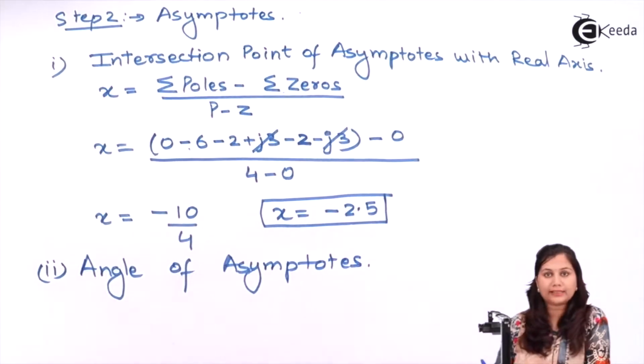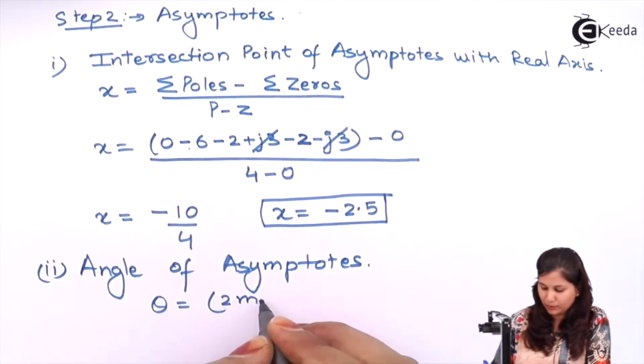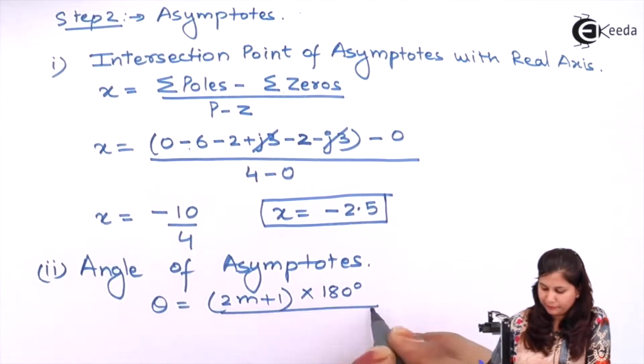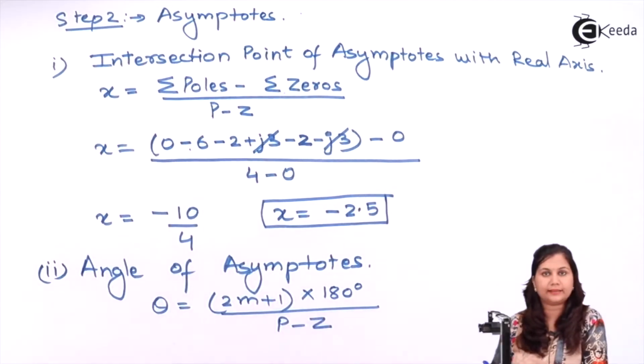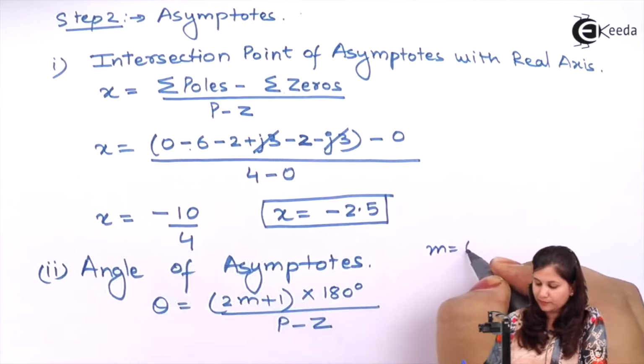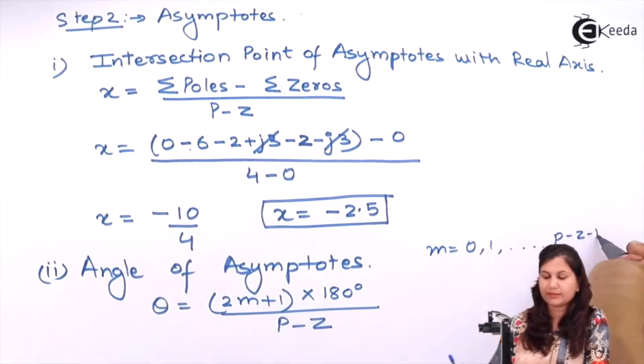To find out the angle, we are having the formula theta equals to (2m plus 1) into 180 degrees upon P minus Z, where m ranges from 0, 1 till P minus Z minus 1.